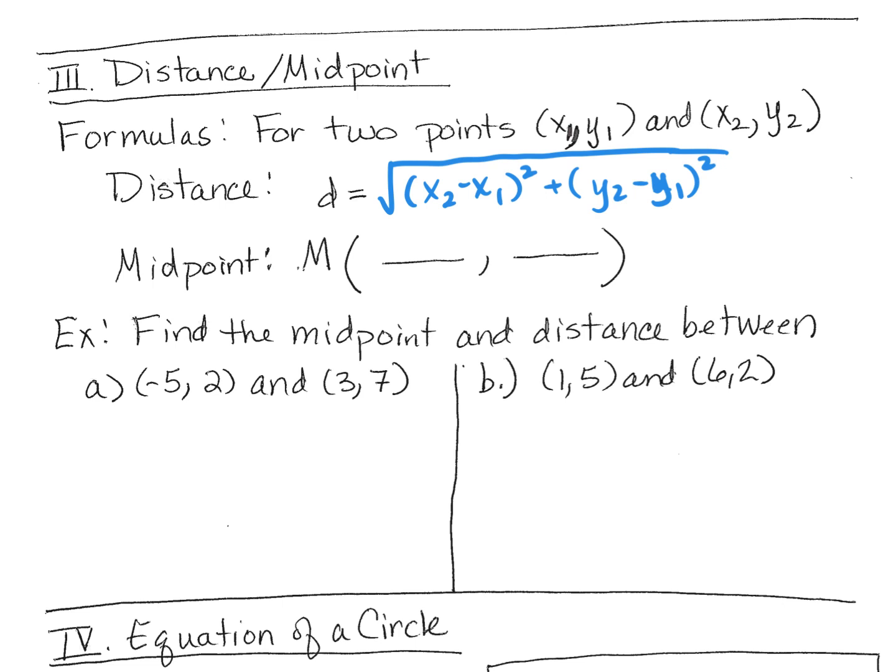If you square 1, what do you have? 1. If we take 2 minus 3, what do we have? Negative 1. But if you square that, what do you have? 1. Order doesn't matter in subtracting if you're squaring it. So don't be married to that, ooh, it has to be x sub 2 minus x sub 1. No, just subtract the x's, subtract the y's, square them, add them.